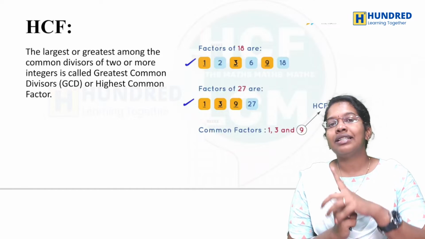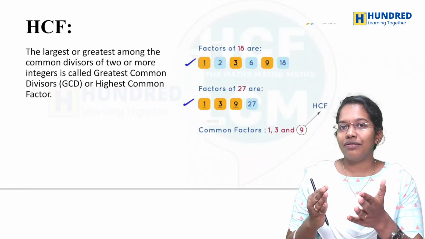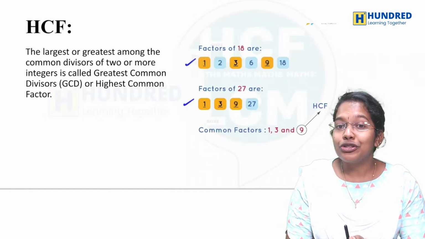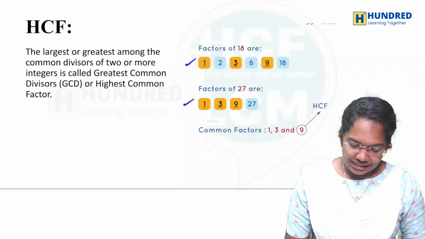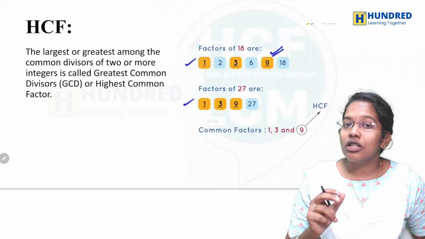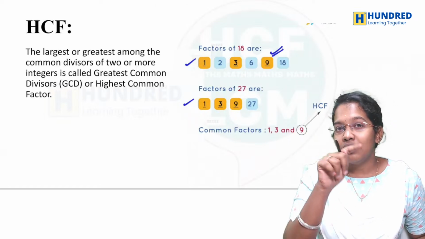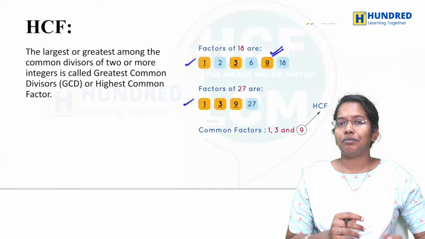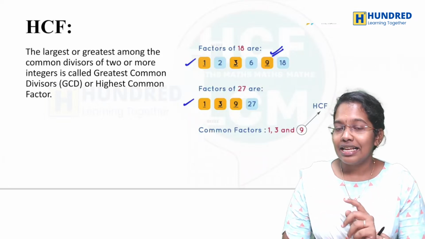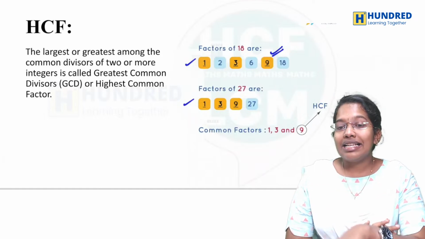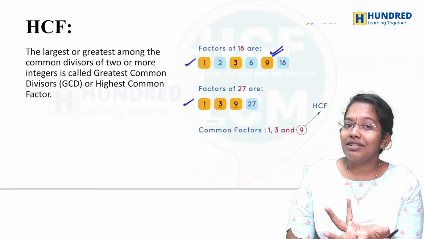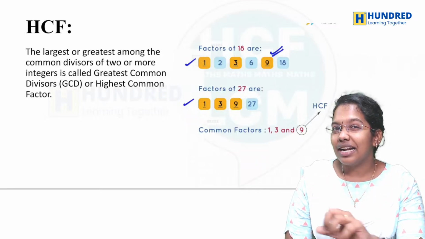Because if we say 9 is a factor of the number 18, it also means 9 divides 18, so it is called a divisor of 18. That is why we call these factors divisors also. Among them, you identify the common divisors, then pick the greatest one.